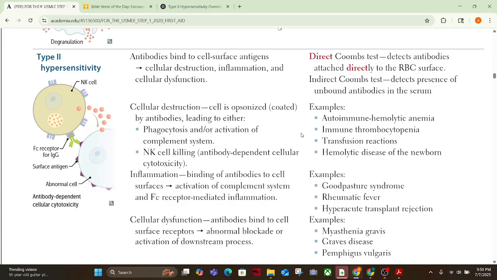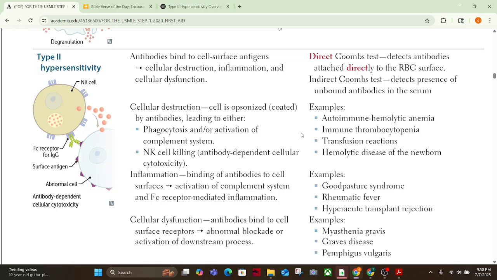Then she normally has no Rh antibody in the plasma. When she gets pregnant with an Rh positive baby, the Rh antigen on the baby's RBC will mix with the mom's blood during delivery.